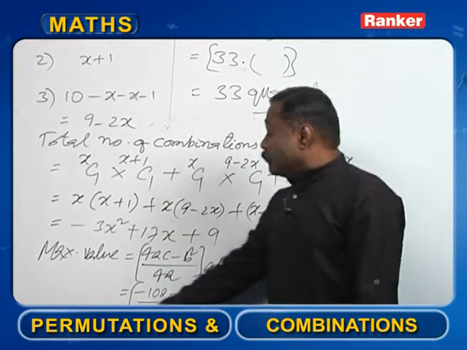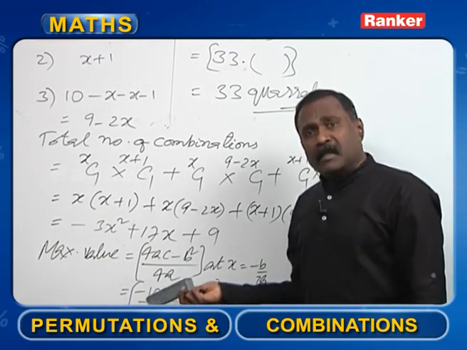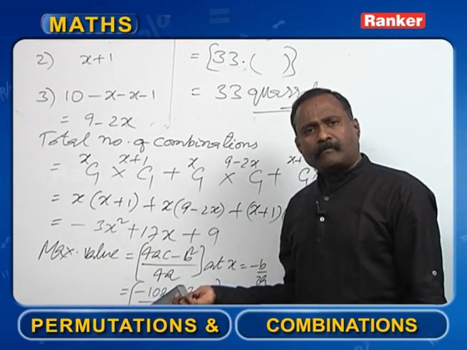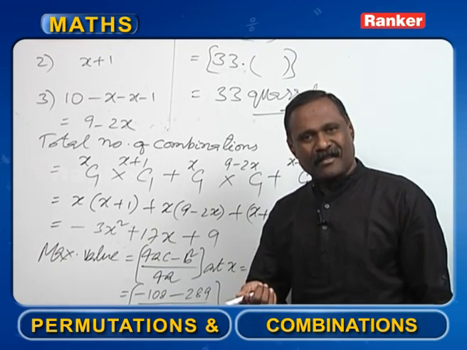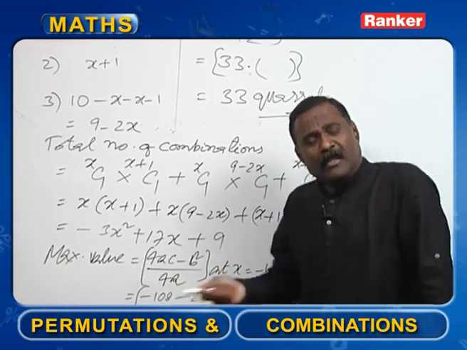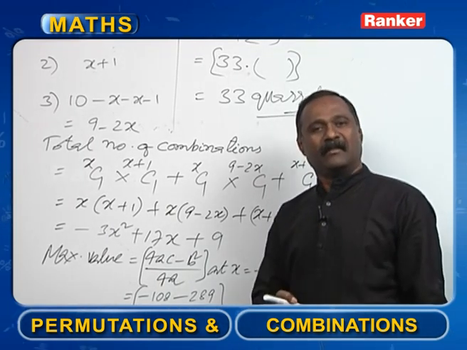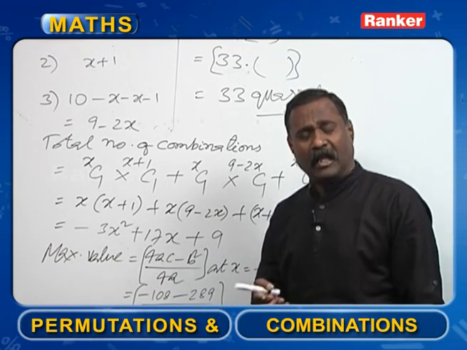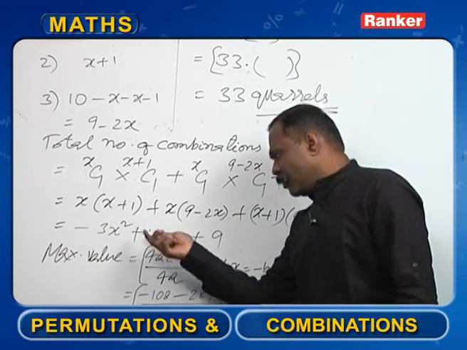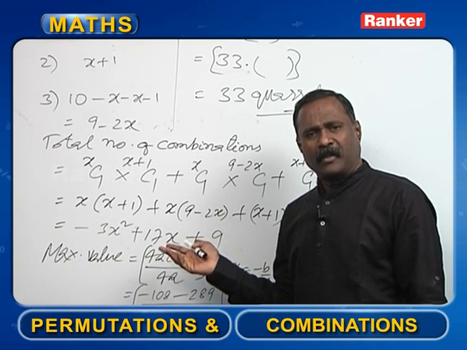Now even if you do not remember this formula, you can still apply derivatives, because it is a maximum value. You might be knowing how to find the maximum or minimum value of any algebraic polynomial. Of course, in this case it's a quadratic polynomial.